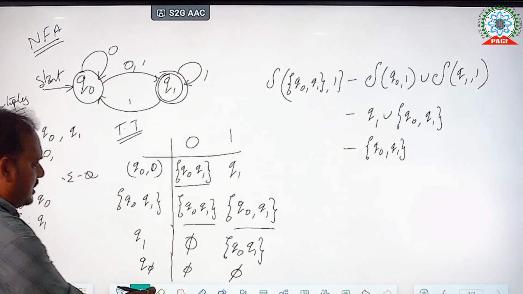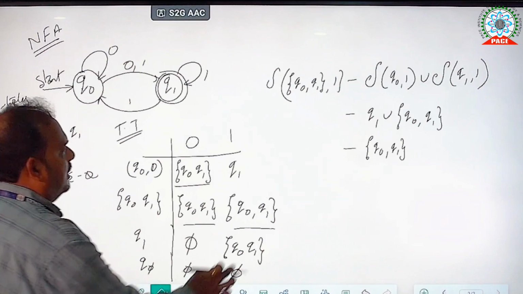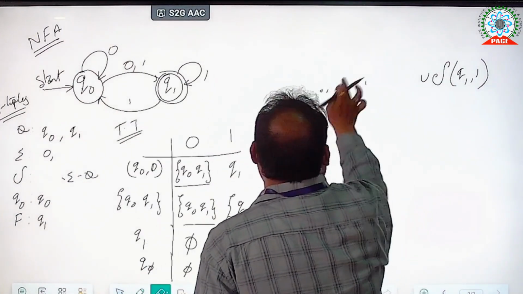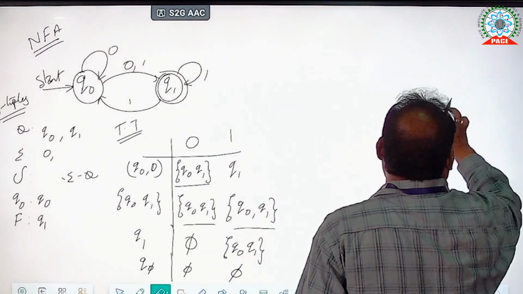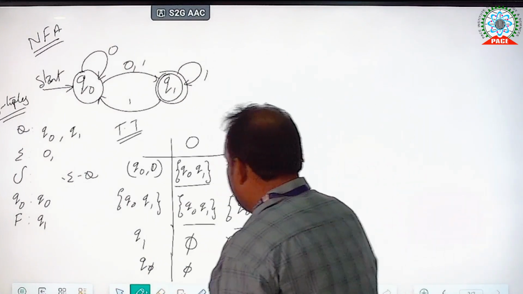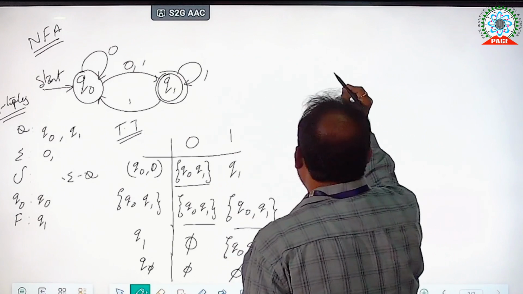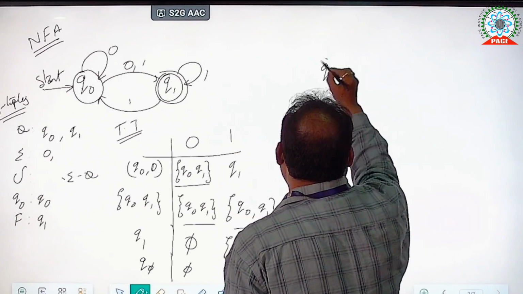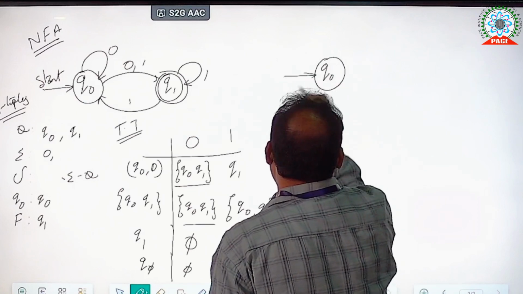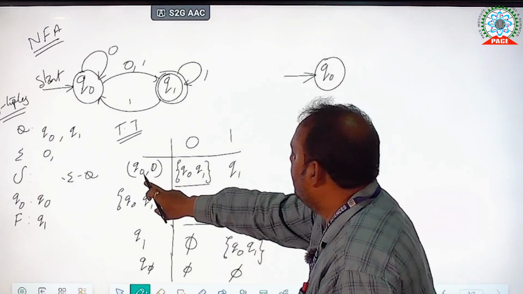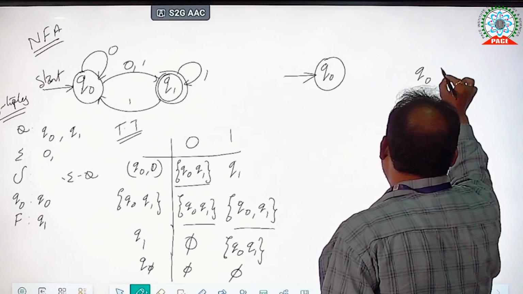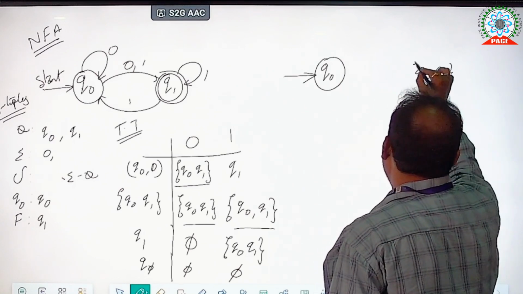So based on this transition table, we have to write the transition diagram for the given table in DFA manner. Here I take Q naught as the starting state. Then Q naught with the zero transition reaches the Q naught comma Q1 state.